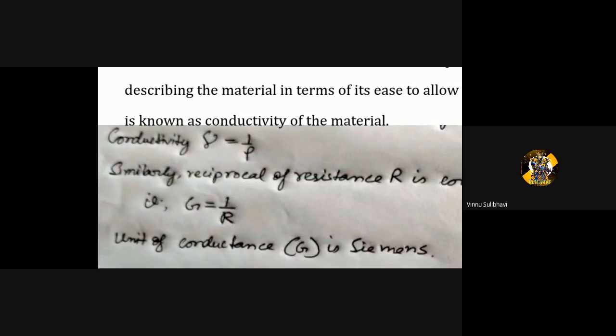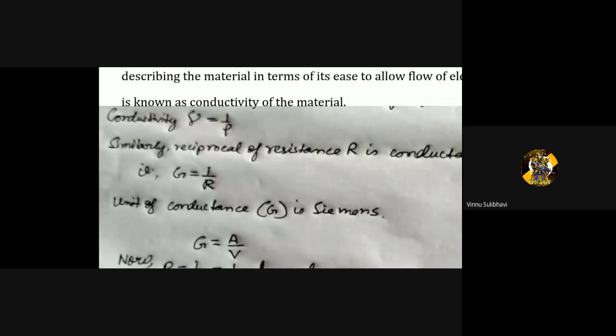So conductivity gamma is equal to 1 by rho. Now, similarly, the reciprocal of resistance R is termed as G. This is conductance. So conductance G is equal to 1 by R and conductivity gamma is equal to 1 by rho. Clear to everyone?